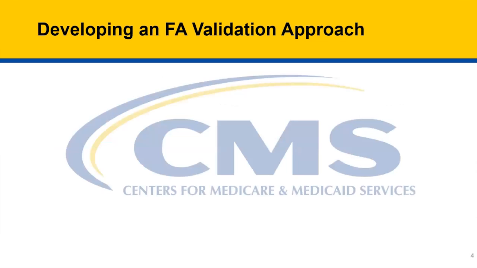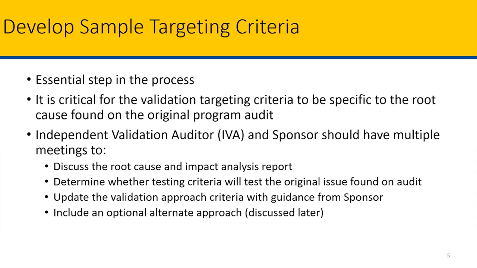Developing an FA validation approach. Identifying the sample targeting criteria is the first step to developing an FA validation audit approach. It is critical for the validation targeting criteria to be specific to the root cause found on the original program audit.